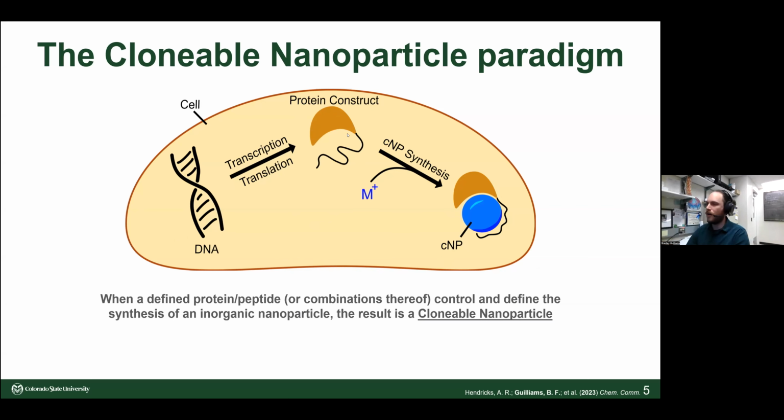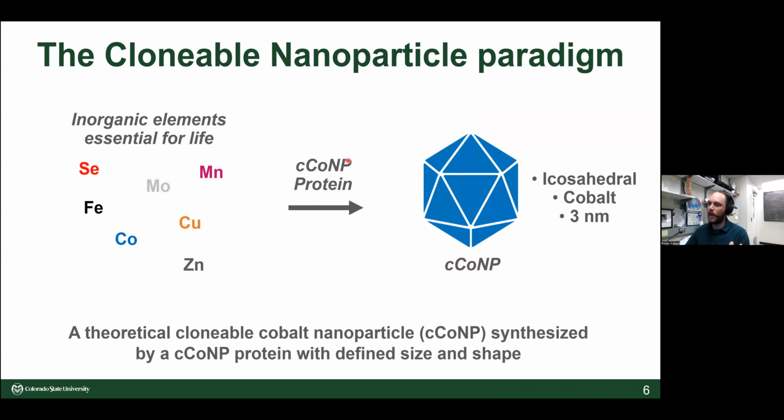All right, so a generalized application of this would be, say we want a clonable cobalt nanoparticle of defined size. It's made of cobalt and it's some icosahedral structure, right? We would use a clonable nanoparticle protein that controls the synthesis of this particle inside of cells.